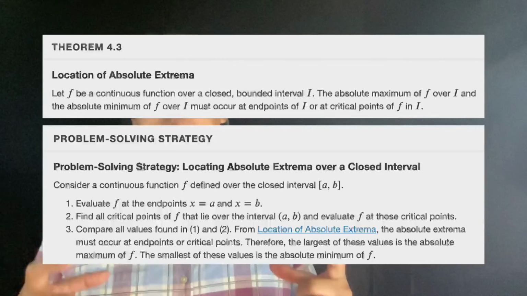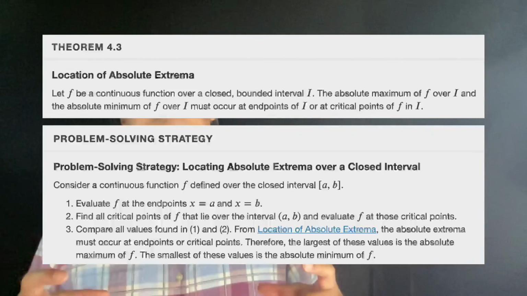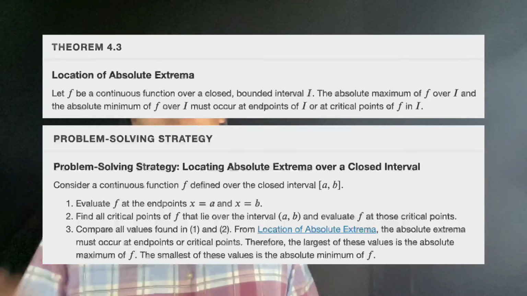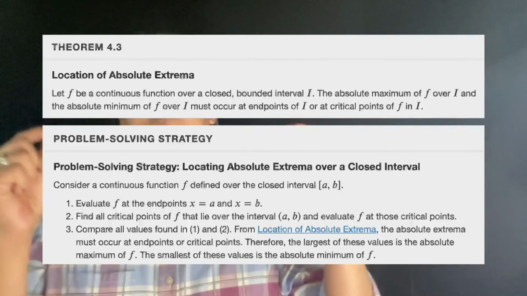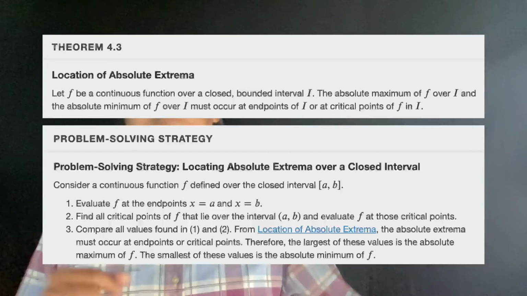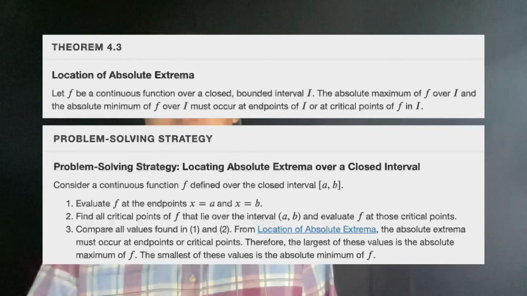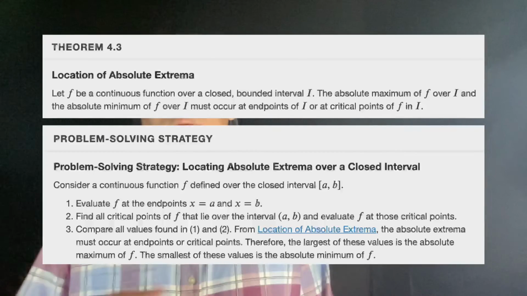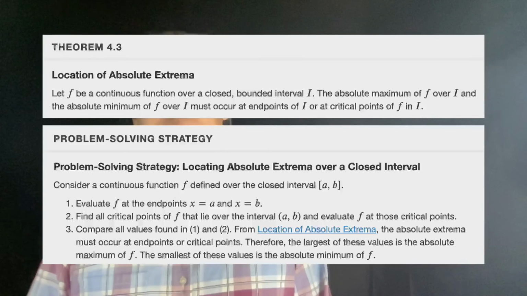Remember, that's the only time we're guaranteed a max and min. So here's our strategy for finding max and mins over a closed interval. We'll put in the values of the endpoints because the maximums and minimums can happen at the endpoints. Then we'll find critical points in the middle between a and b. And then we want to evaluate those critical points in the function also.